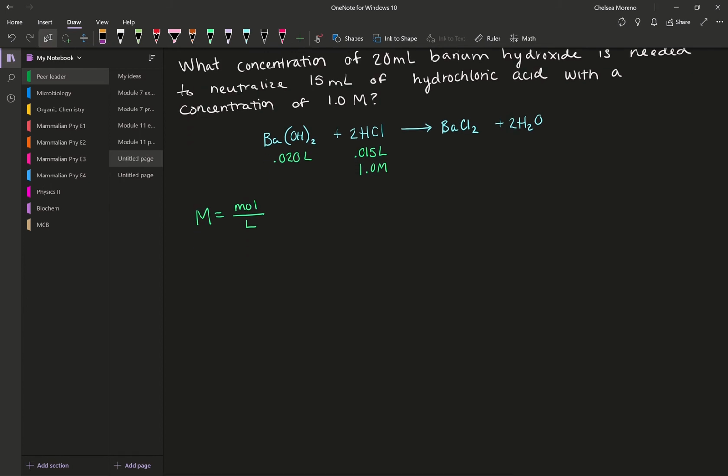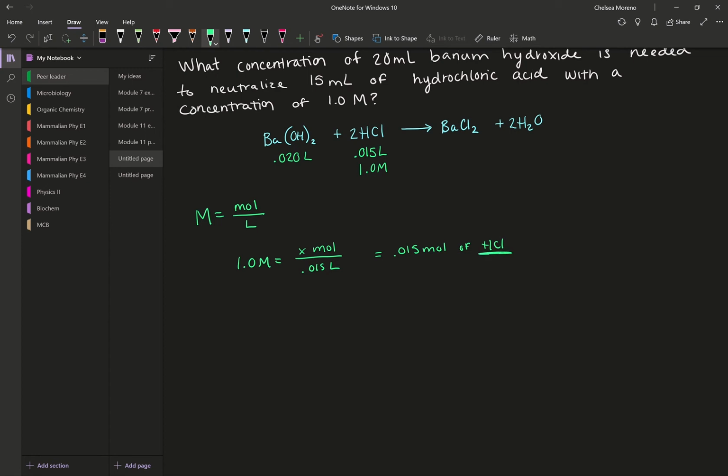So we're going to say, okay, I have 1.0 molar hydrochloric acid. We're going to find our mole value per 0.015 liters. So we're just going to find that this equals 0.015 moles of hydrochloric acid, which is important.